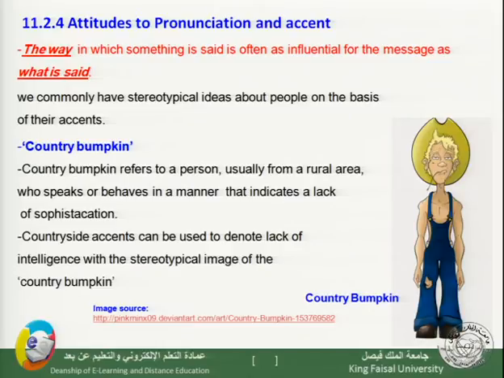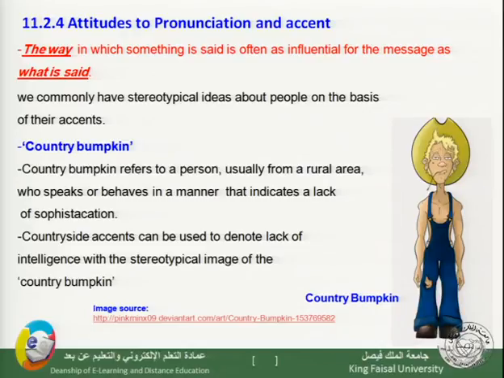In the UK or in Europe in general, we have the idea of the country's pumpkin, who is a person who comes from a village, who is less educated, of a stereotypical type. He has this type of clothes, as you can see in this image, and he shows lack of intelligence or lack of sophistication.